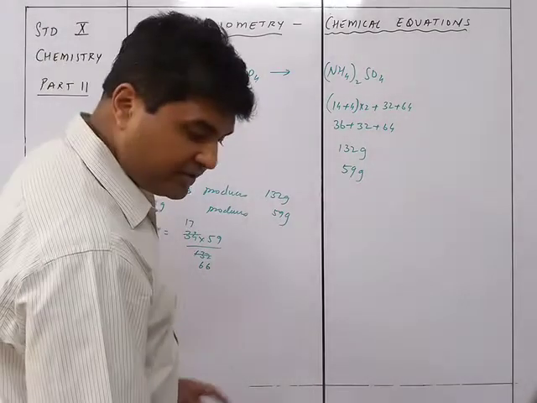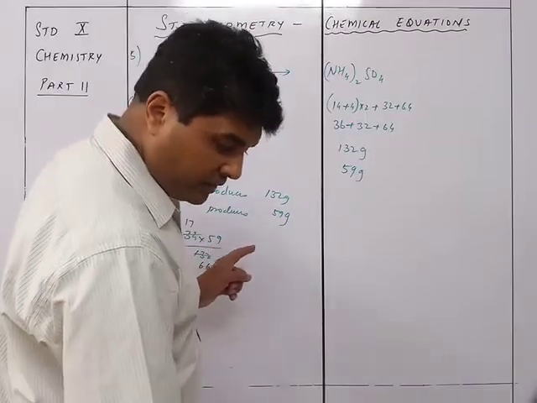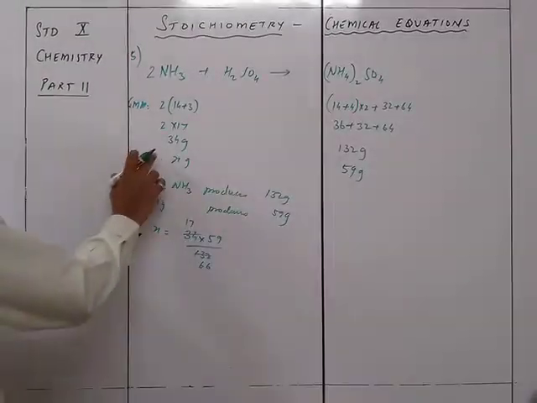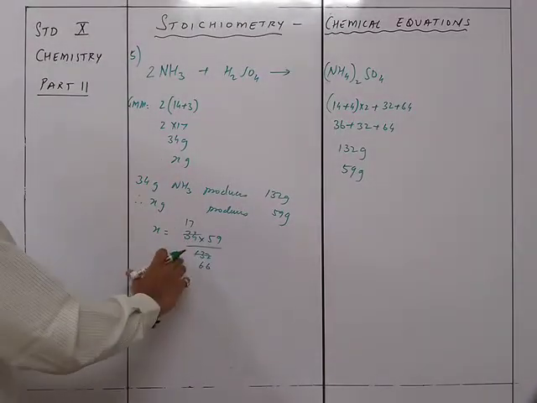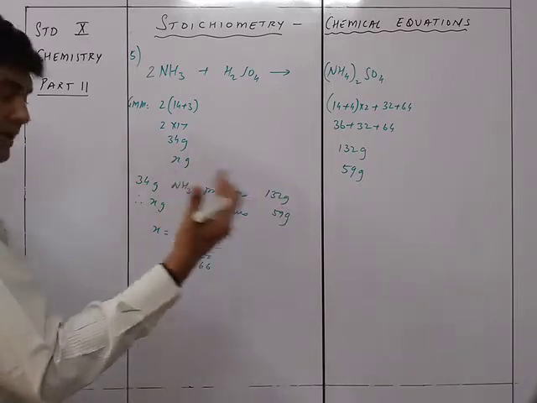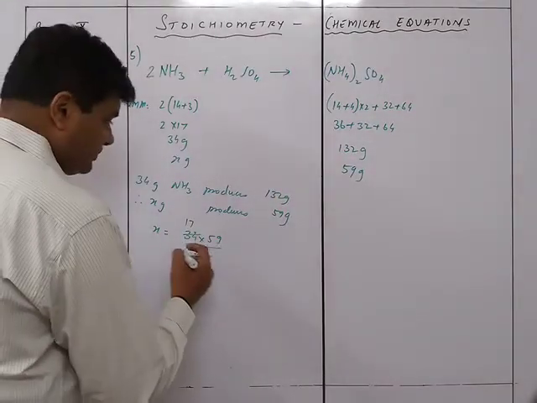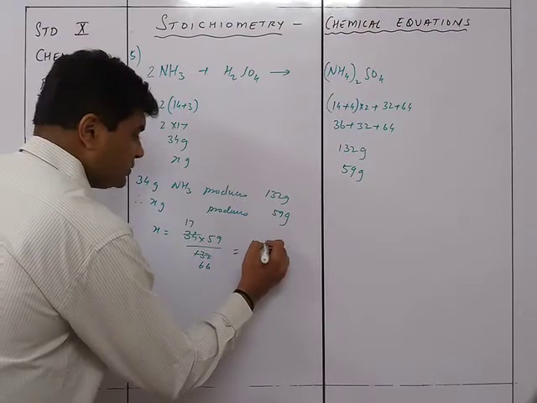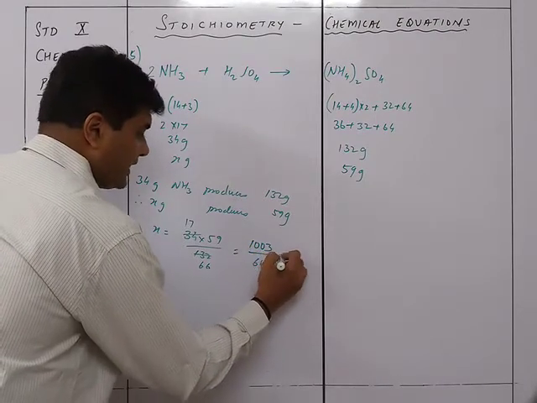What we need to find out is the volume of ammonia used. So we keep this in grams for now and then convert from grams to volume. This is 59 into 17, that is 1003 upon 66 grams.